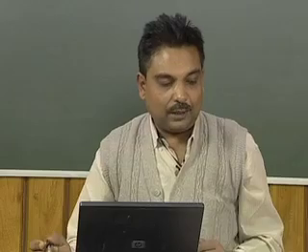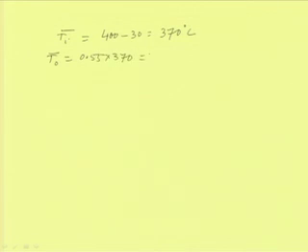Then from there we know Ti bar. Ti bar is known to us as per the definition of the problem. It says Ti bar is equal to 400 minus 30, which is 370 degree centigrade. So we know Ti bar, then what is T0 bar? T0 bar is equal to 0.55 into 370, which is 203.5 degree centigrade.